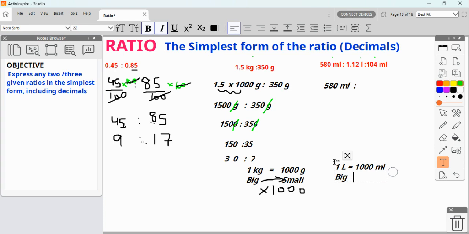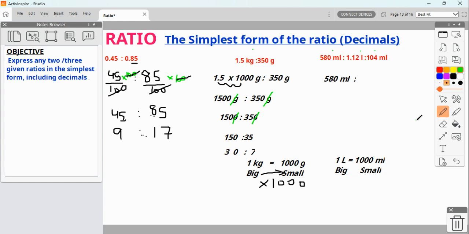Liter is the big unit and milliliter is the small unit. When we want to convert a big unit to a small unit, we have already discussed that we use multiplication, and here we will multiply by 1000 because 1 liter is equal to 1000 milliliter.